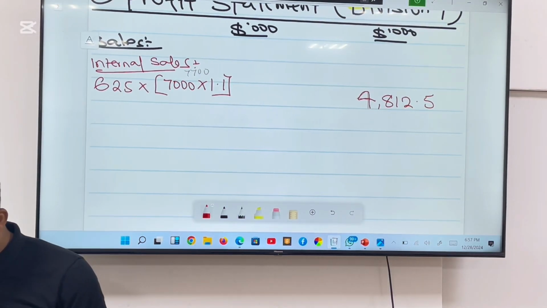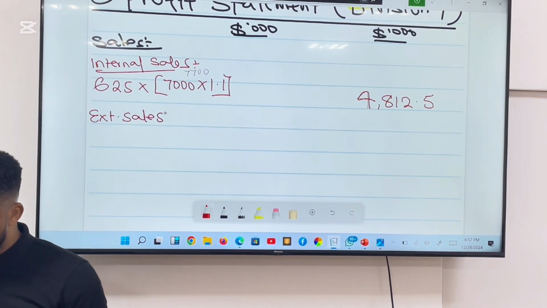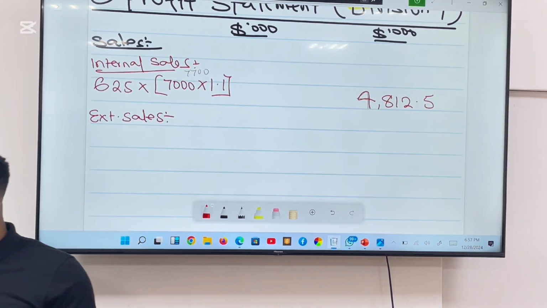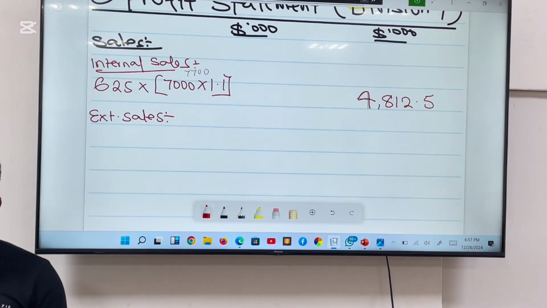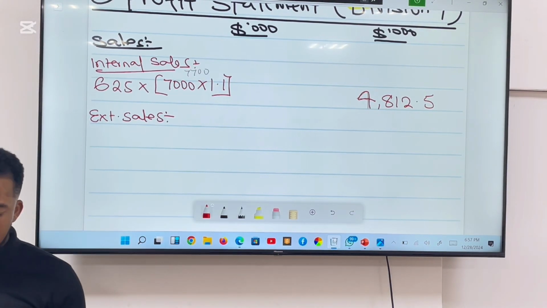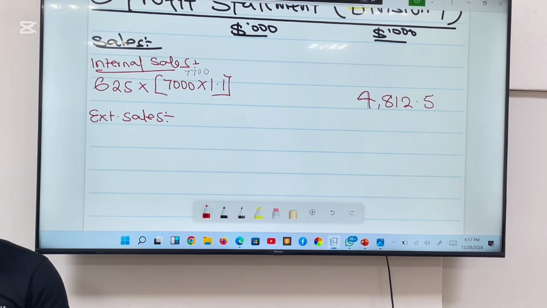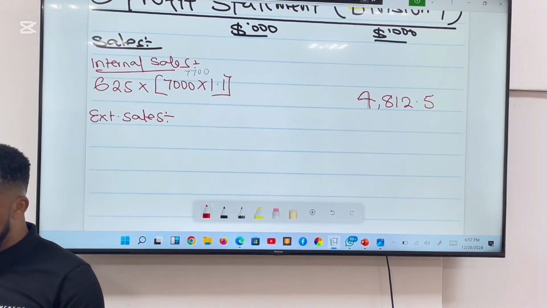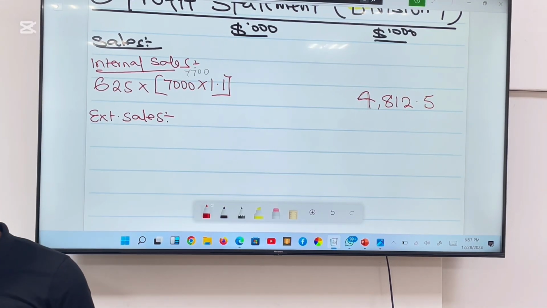Now my external sales. Remember that from this question, the total capacity for this company is 1,000 tons. So if we are giving 625 to internal, obviously what is going to be left for external will be 1,000 minus 625, and that's 375.